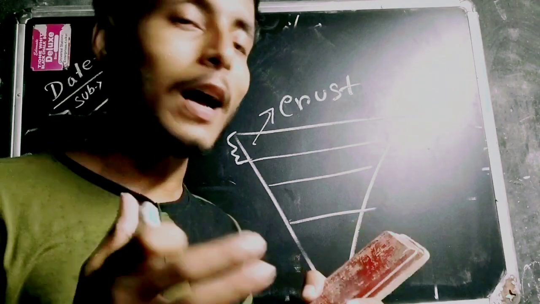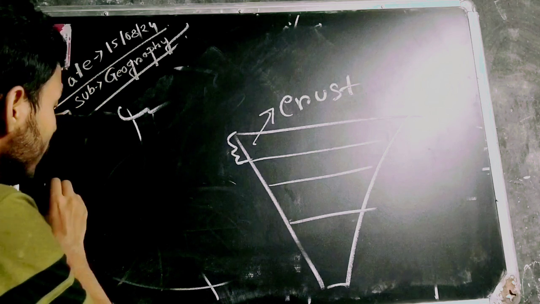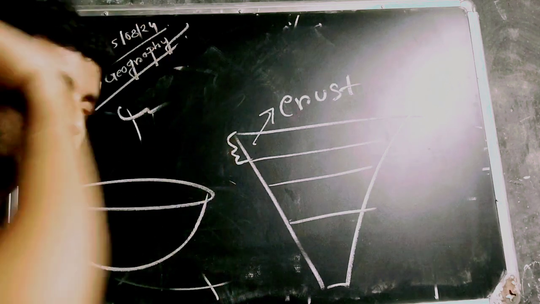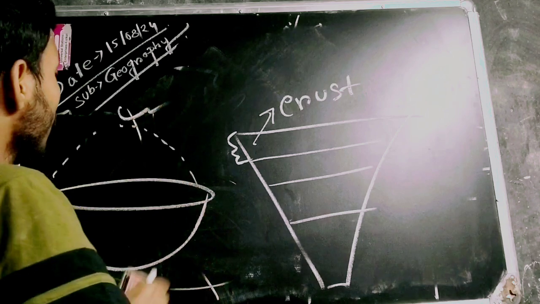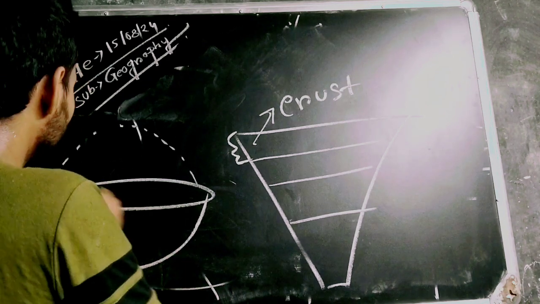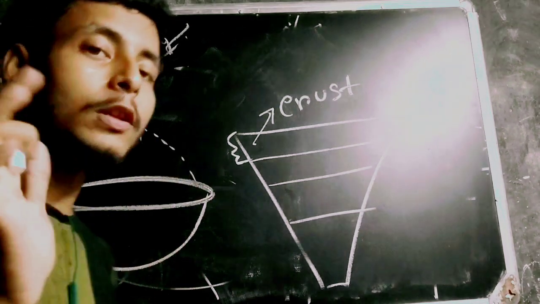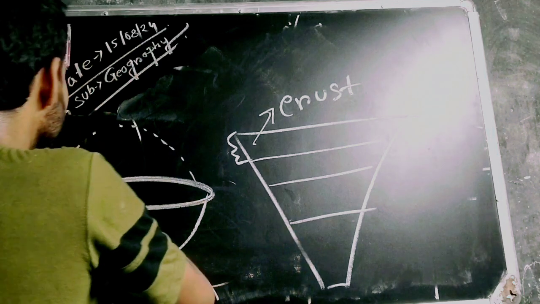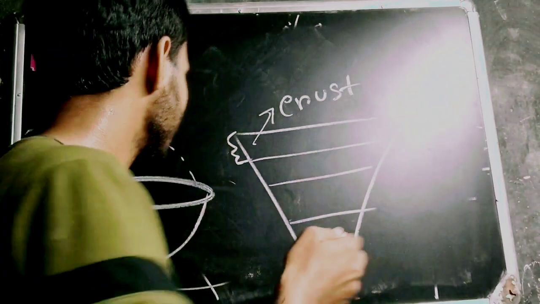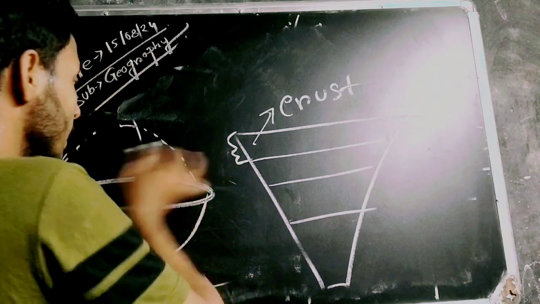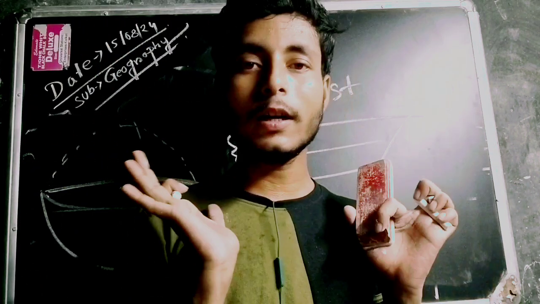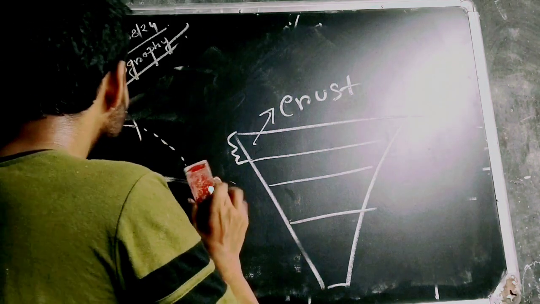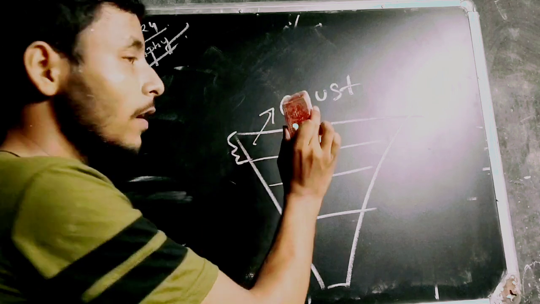I already drew the half portion of the earth, and this one is the full earth. We are living on the ground, and this is called the crust.